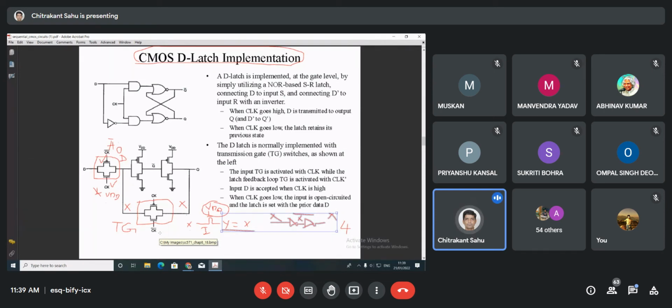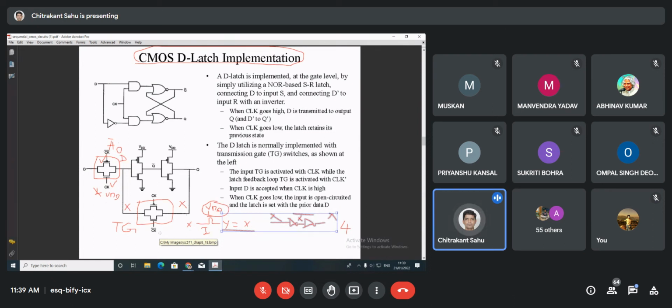Then we can get the same functionality, and there is no disadvantage like in a pass transistor. Since we are using both NMOS and PMOS, whatever input comes, whether the input is 0 or VDD, it will give the correct output. If the input is 0, it will give 0. If the input is VDD, it will give VDD.